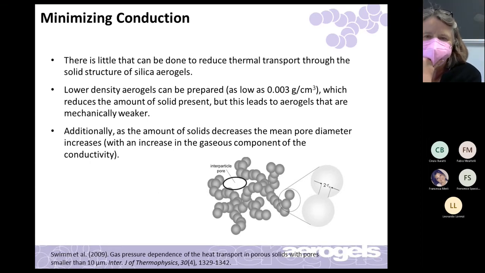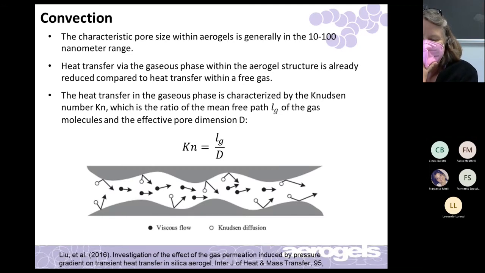So moving on to the second mode of heat transfer, which is convection. The characteristics we saw from the pore distributions is that the characteristic pore size within aerogels is typically somewhere in the 10 to 100 nanometer range, and that depends on the type of aerogel.